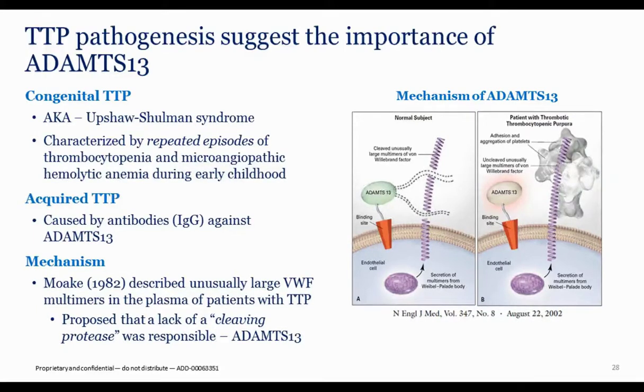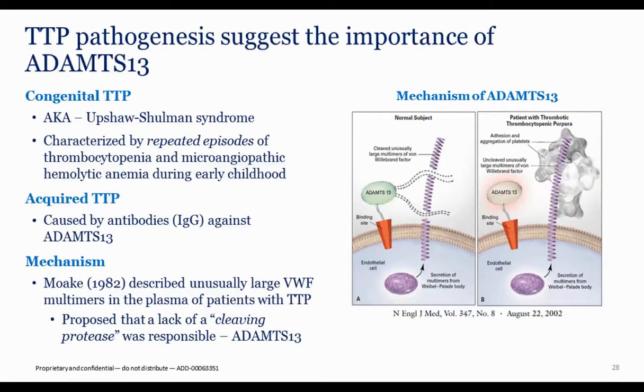It was described by Moake in 1982, who described these unusually large von Willebrand factor multimers in patients with TTP. When these multimers were released, he proposed that there was an absence or lack of a cleaving protease that would chop these multimers up.